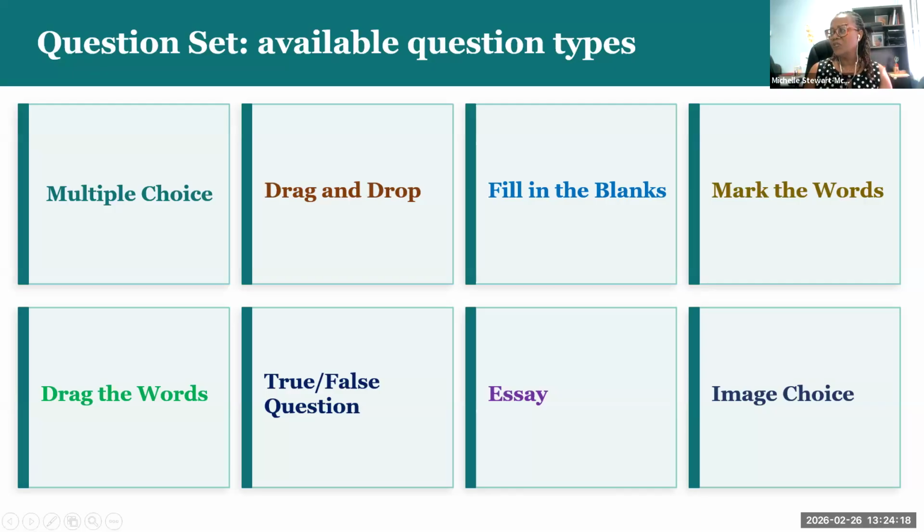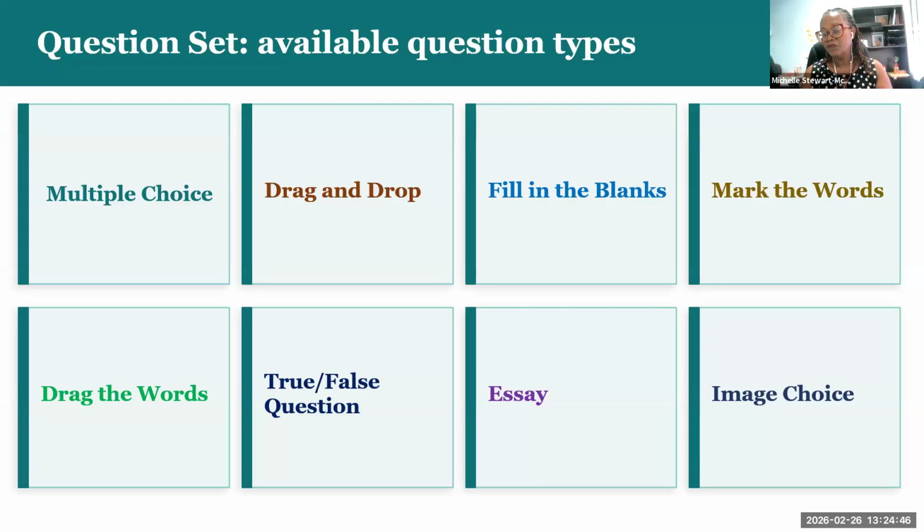True and false, we know this is binary. It's used to test or to challenge common misconceptions. So you make a statement, you ask a question, and you have this is true, this is false. The essay, well, let's look at the image choice first. The image choice, again, by the name, it's instead of using words in your multiple choice, you actually use images.